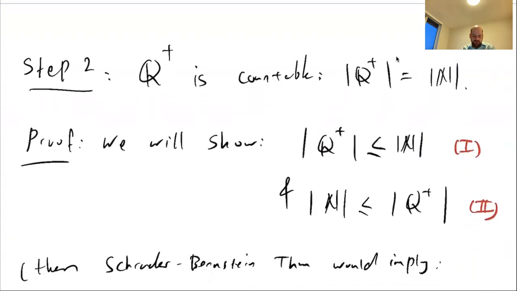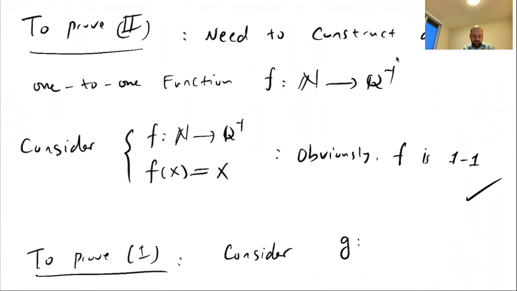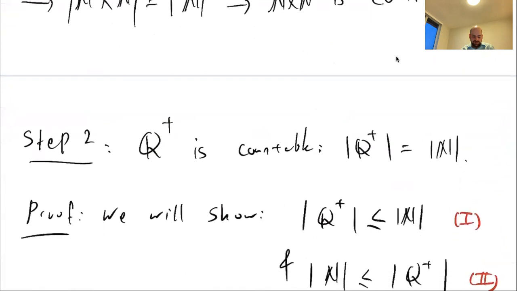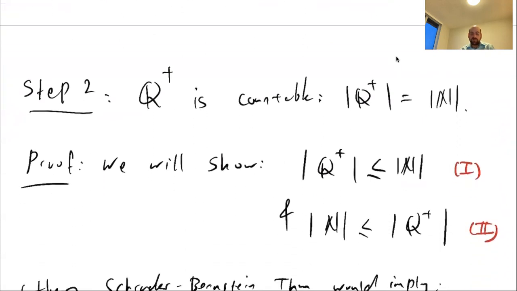But 2 over 3 is not in N, right? So that means I cannot consider an identity function as an option for a function from Q plus to N.